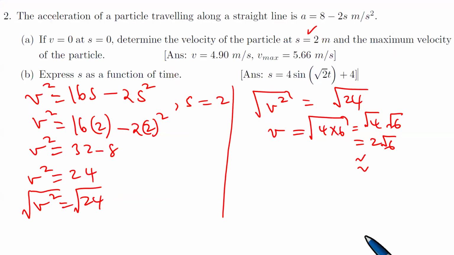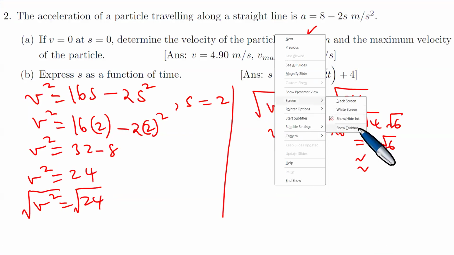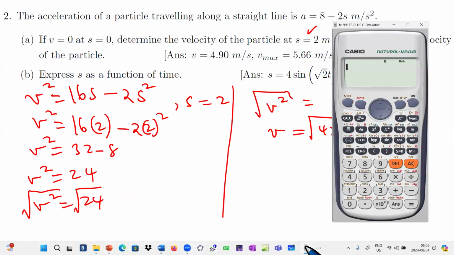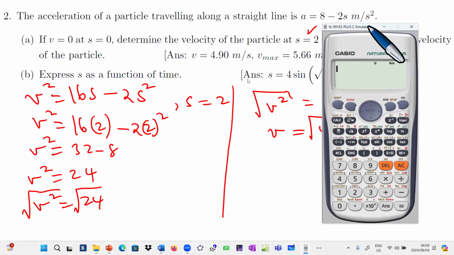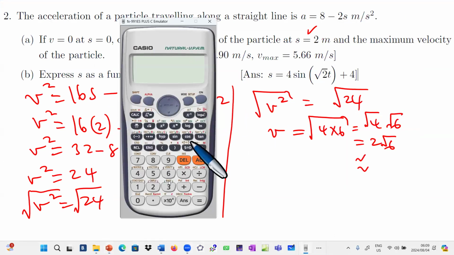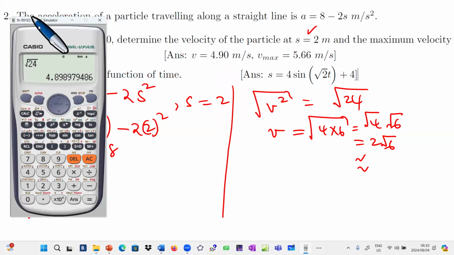Right, so we have the calculator. Let us do the calculation, for instance, the square root of 24, which is 2 times the square root of 6. Simplified, it is 4.898979. So that would be approximately 4.90.